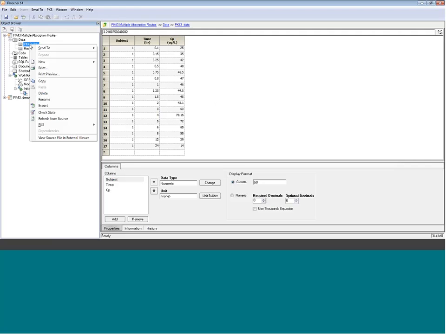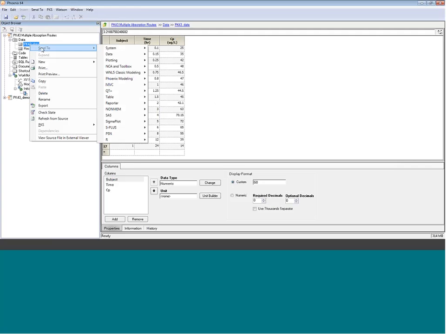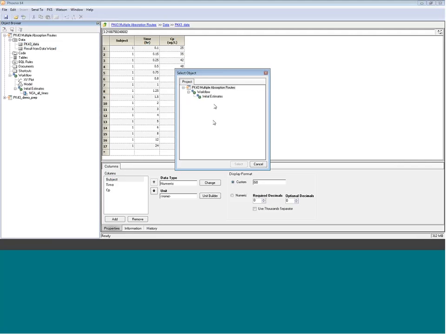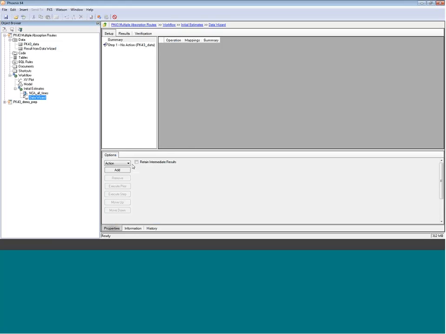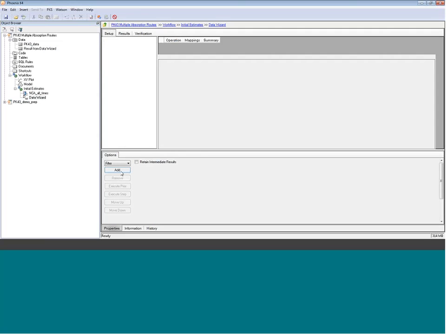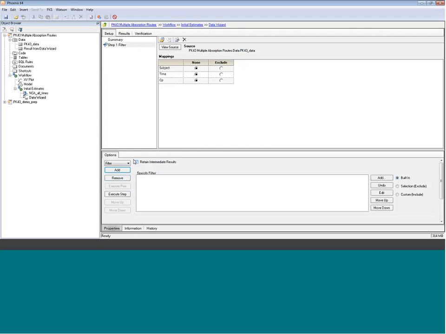So what I want to do is go ahead and take the input data set and then send it to the data wizard. And I'll put this in my initial estimate sub-workflow. And at this point, I want to isolate just the data that's before 2 hours. So I'll do a filter operation, then click Add.